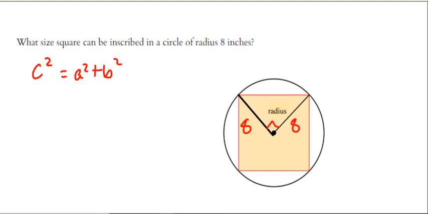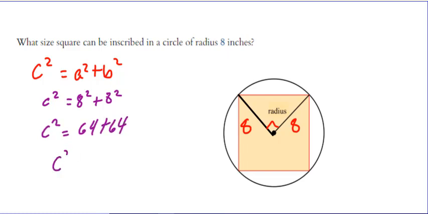Basically, you can really do this right here by hand. You wouldn't need a calculator. So that's 8 squared plus 8 squared. So c squared is 64 plus 64, which is c squared equals 128.